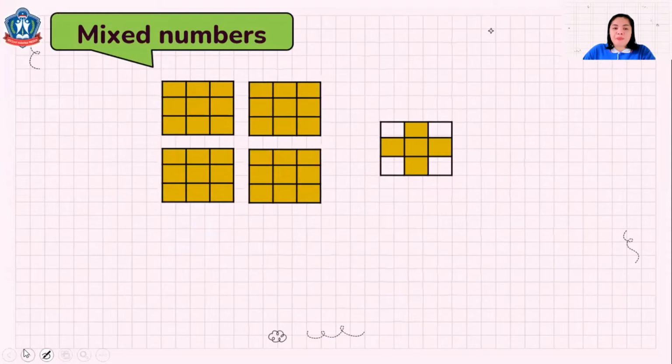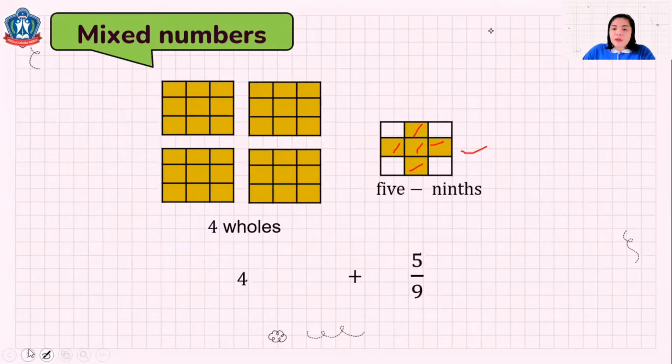Another, take a look. I have 4 wholes, and our fraction here is divided into 9 equal parts. 5 parts are shaded, so this fraction is 5/9. If we add, this is equal to 4 and 5/9. So this is our mixed number. Again, it's more than one.